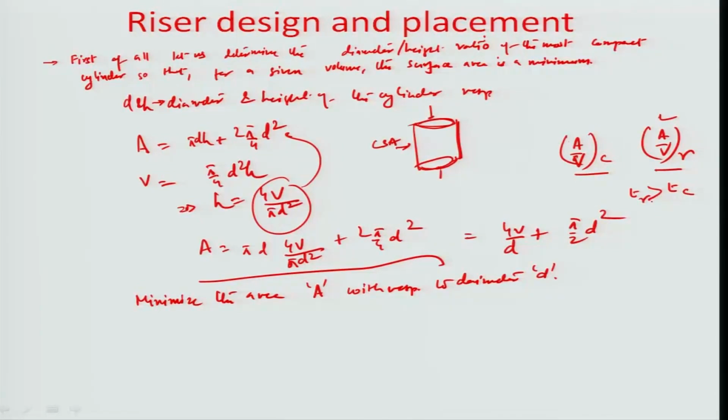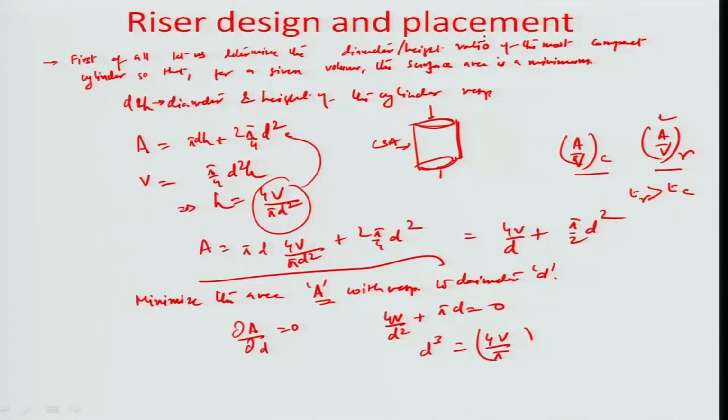So, we minimize the area here, and for that we used the derivative of A with respect to d and equated that to 0, and we obtained a condition which was minus 4 V by d square plus pi d equal to 0, or d cube equal to 4 V by pi.